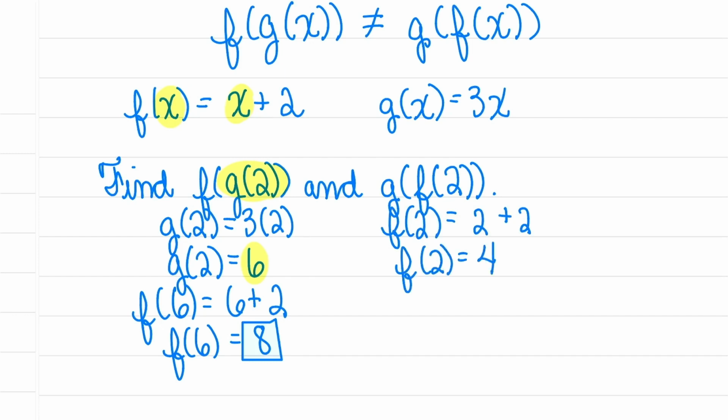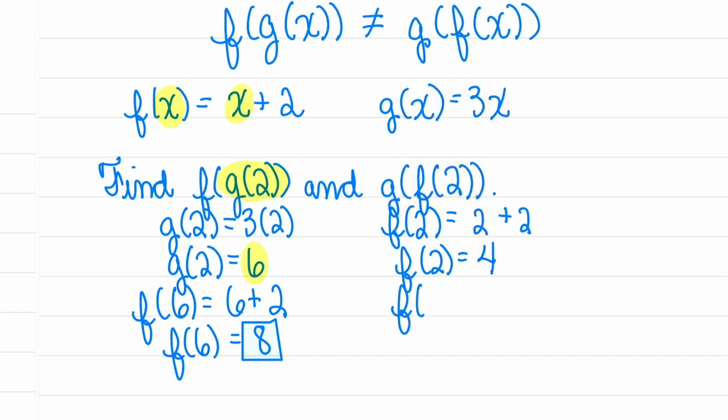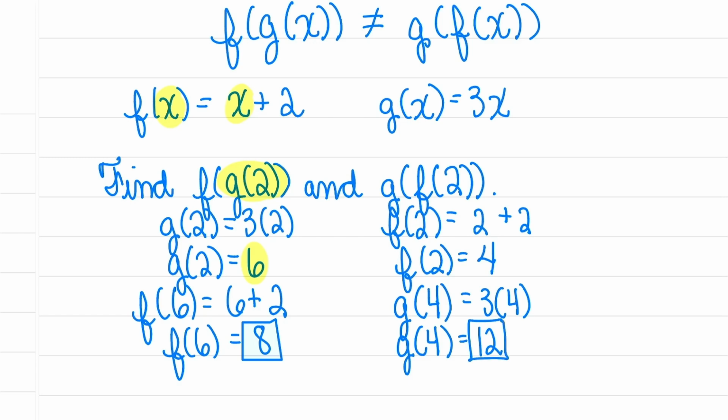Now we are going to replace every x in g with a 4. So now our final result is 12. So you can see here how these two numbers are not the same. It's very important that you follow the order that you're given.